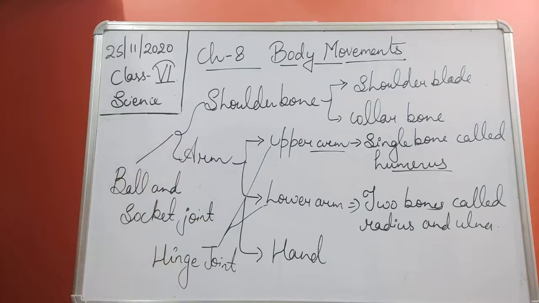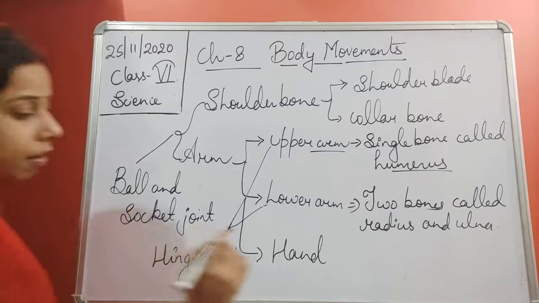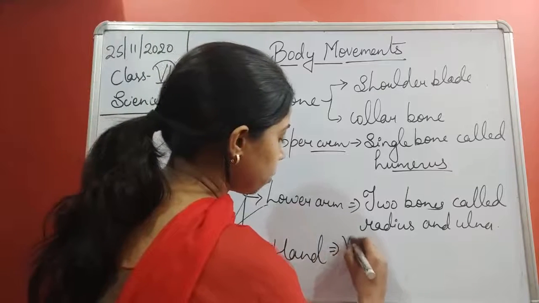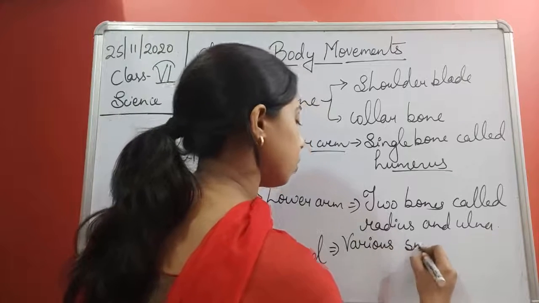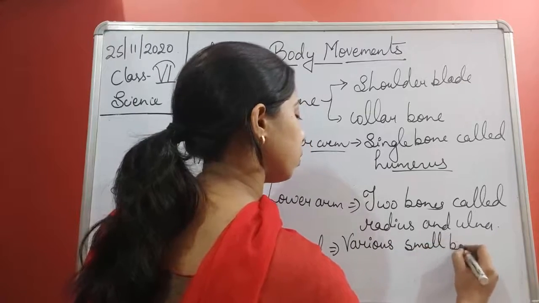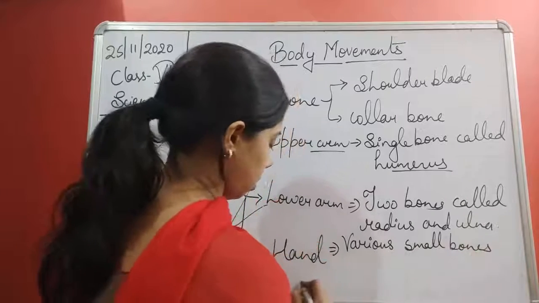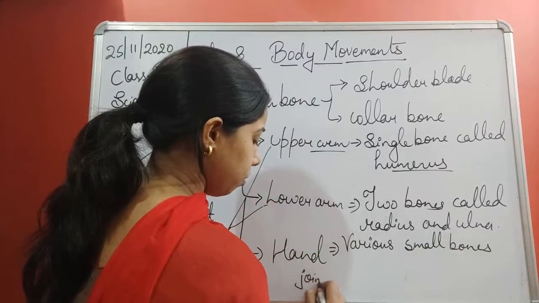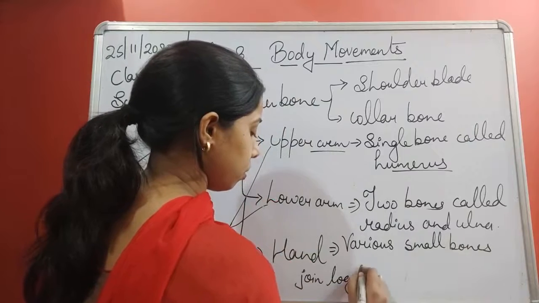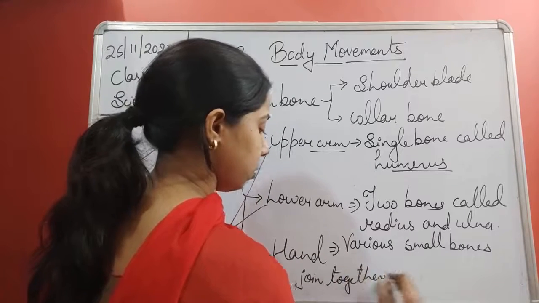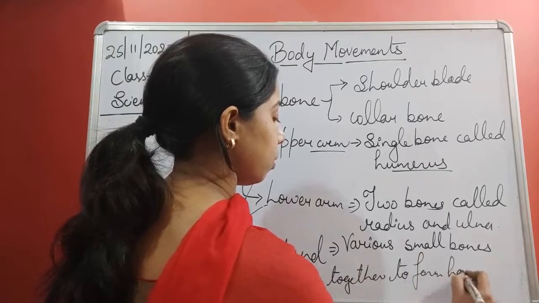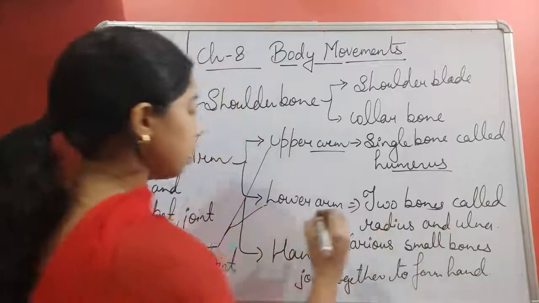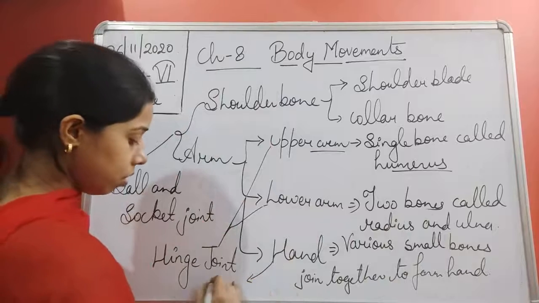So we can write it: various small bones joined together to form the hand. This includes what?